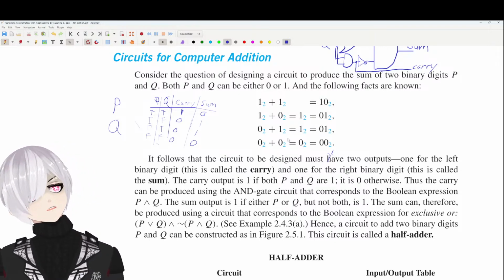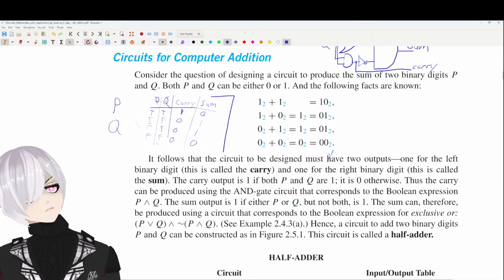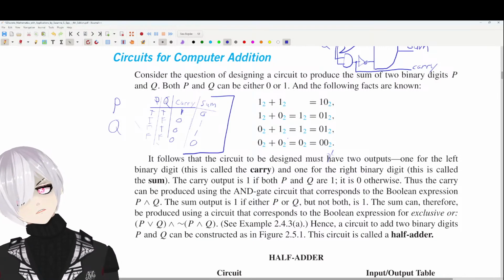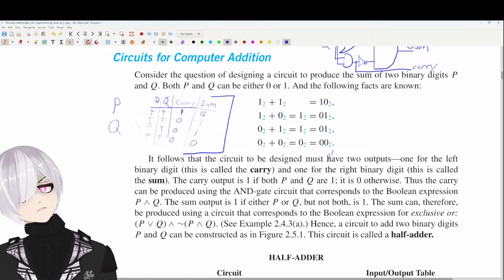There's something about that that's pretty cool. What's the word I'm looking for? I don't want to say sum up addition in terms of a truth table.